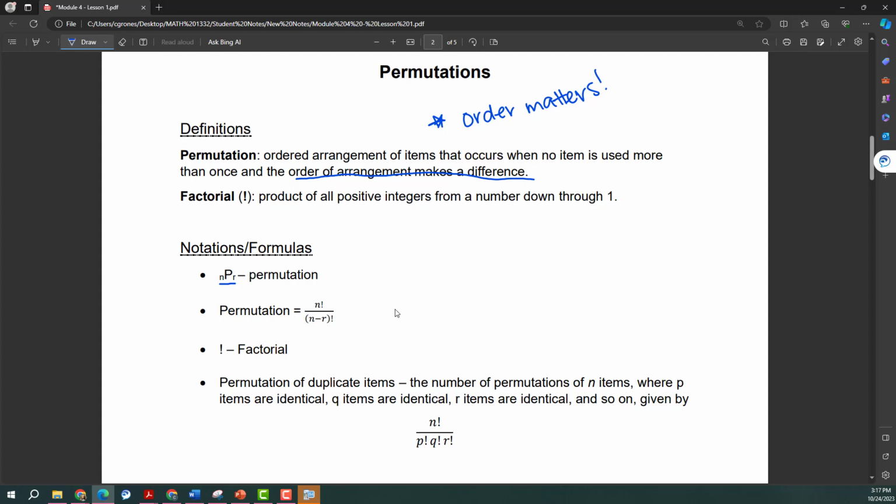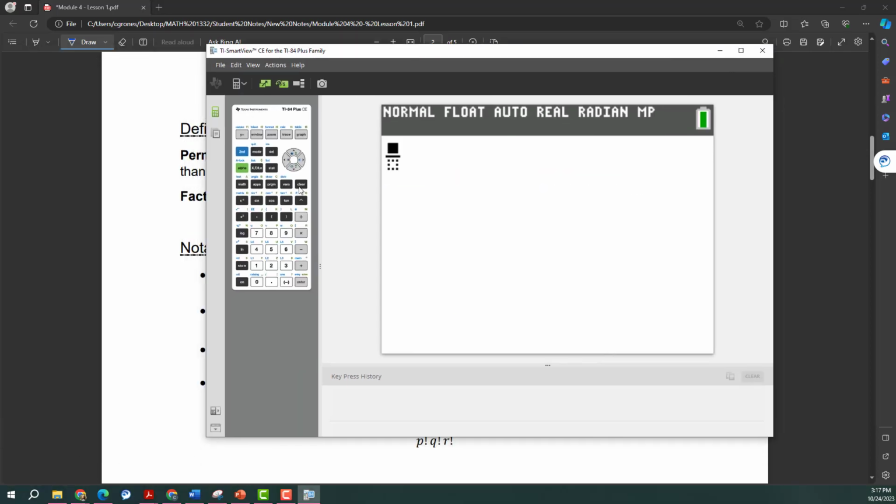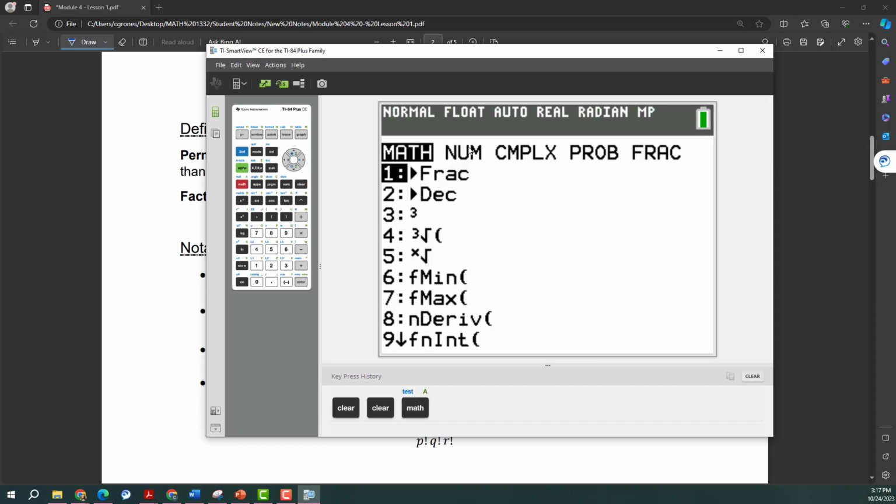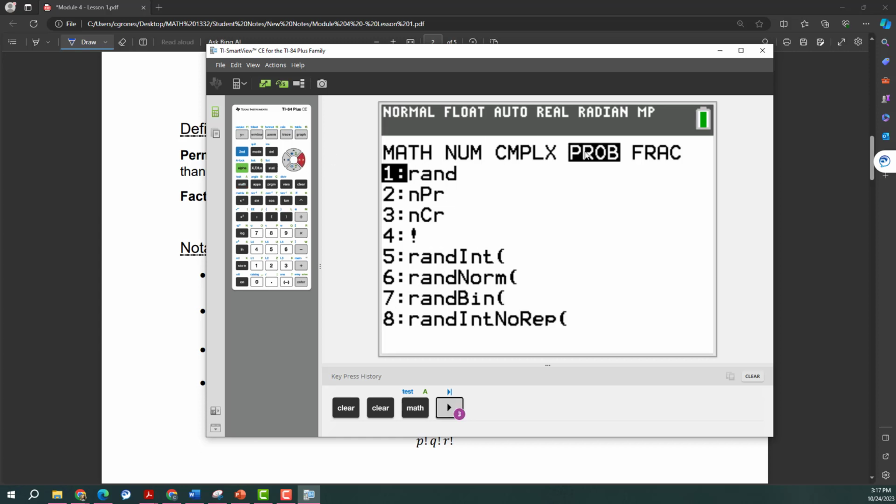The permutation formula can be found using this right here, but the way that we calculate it in this class is with the calculator. So the nPr formula is what you want in your calculator, and that can be found by clicking on math. Then you scroll to the right over to probability, so you can use your arrow and go over.